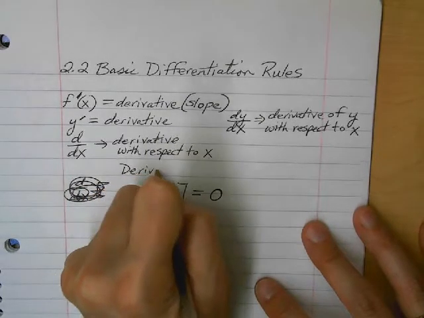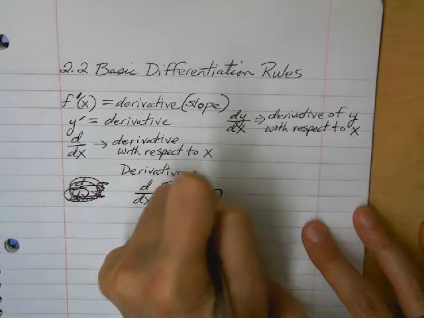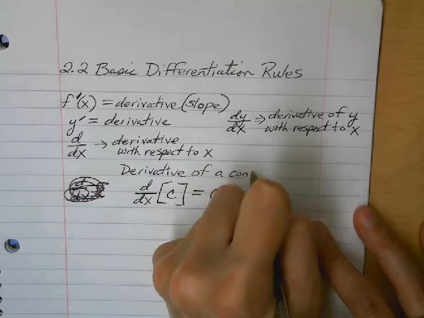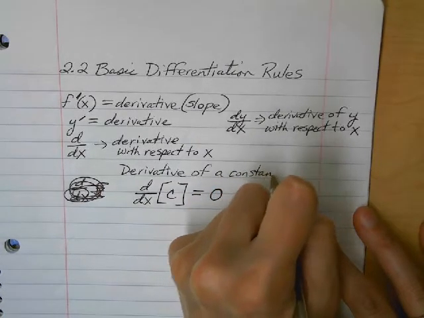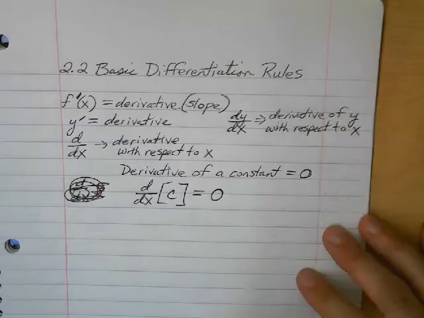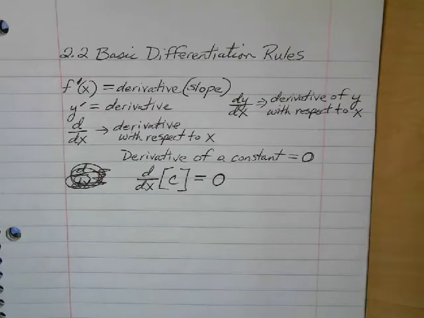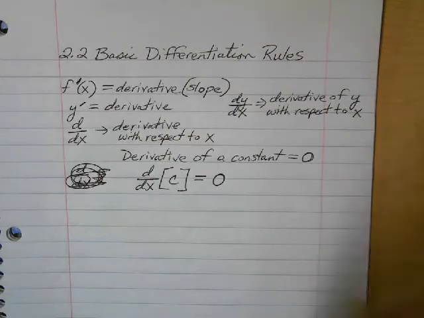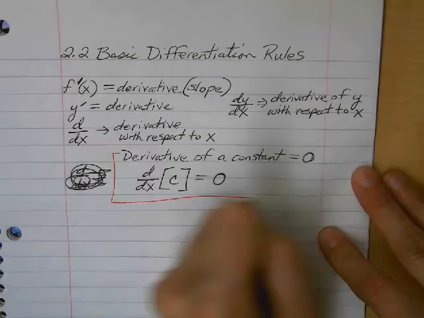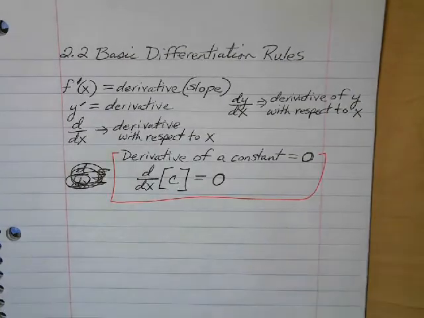Derivative of a constant always is going to equal 0. Just focus in on that fact. It's because a constant, like a number like 5, is just a flat line, like you just said, and its slope is always 0.